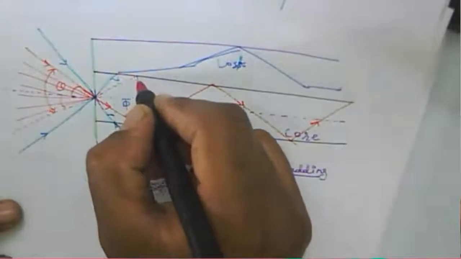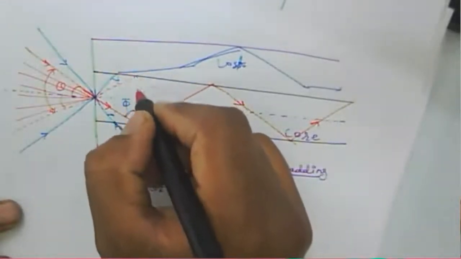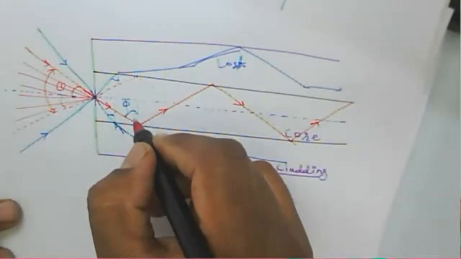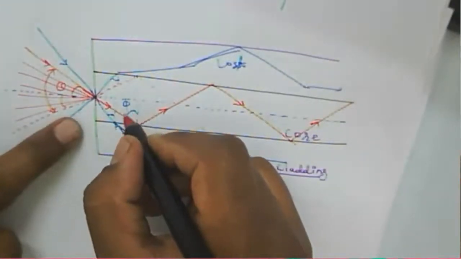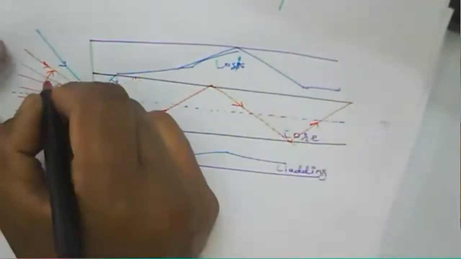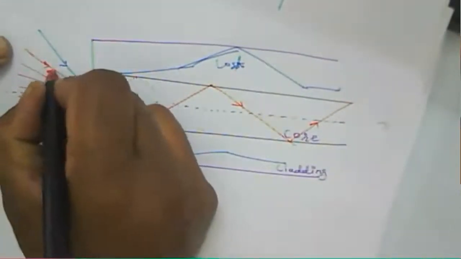Any ray propagating through the fiber that makes, with this particular perpendicular inside the fiber, that angle phi greater than the critical angle, then and only then your light will propagate through the fiber.